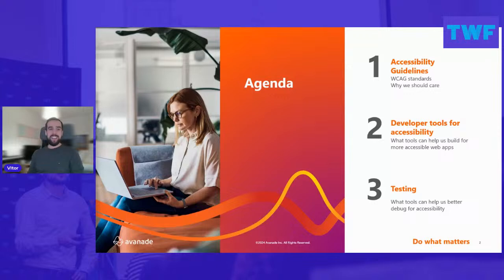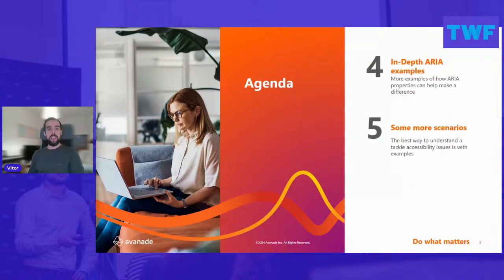Then some developer tools that are very helpful when you are developing accessible web applications. Then also a little bit about testing, what will help us test these web applications and detect issues early on and later in development.